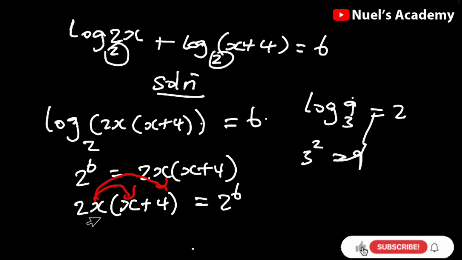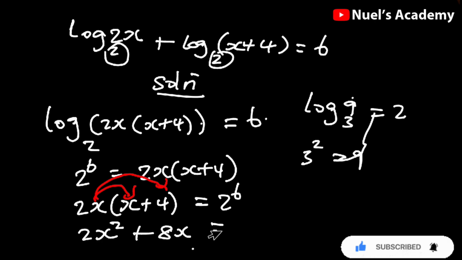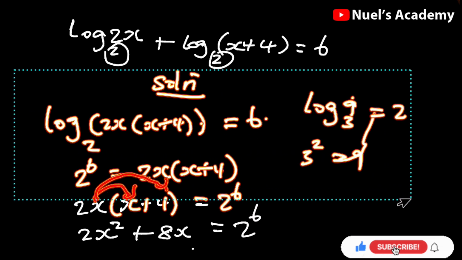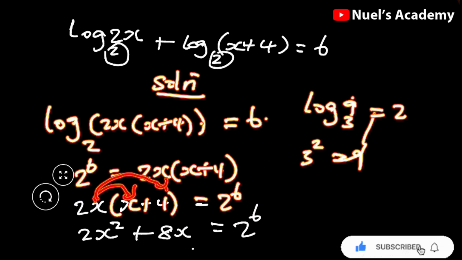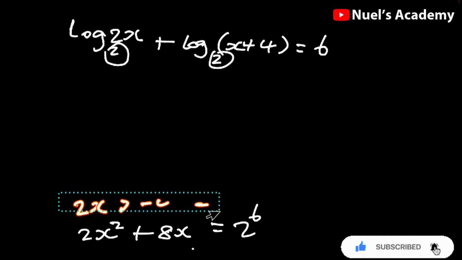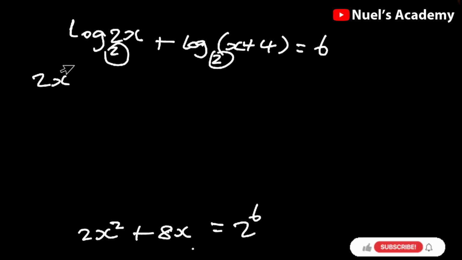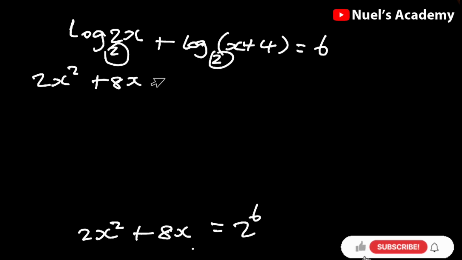When we do that, we are going to have 2x times x is going to give us 2x squared plus 2x times 4 is going to give us 8x and then equal to 2 raised to the power 6.